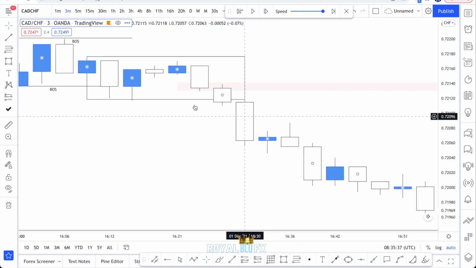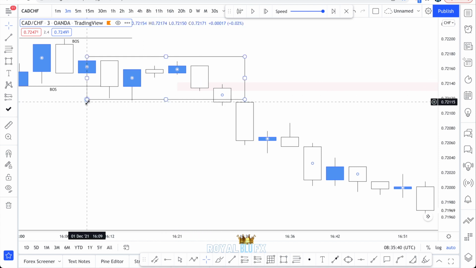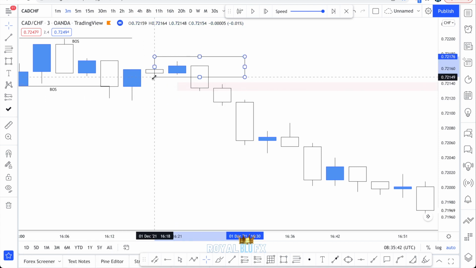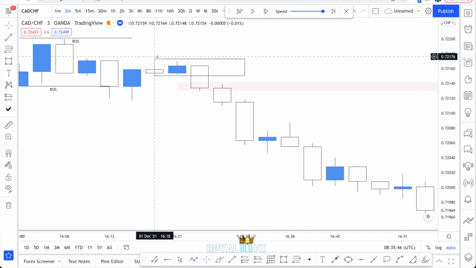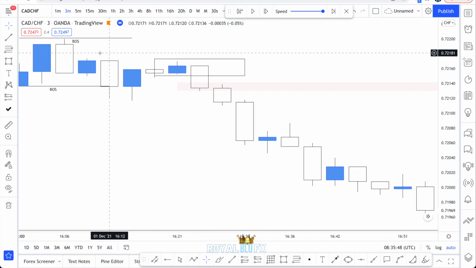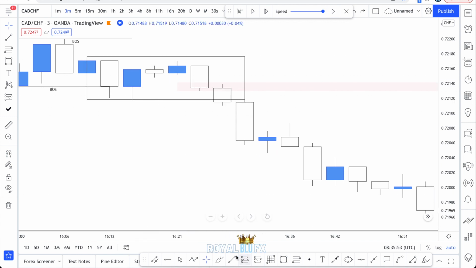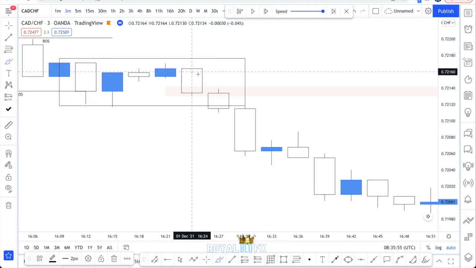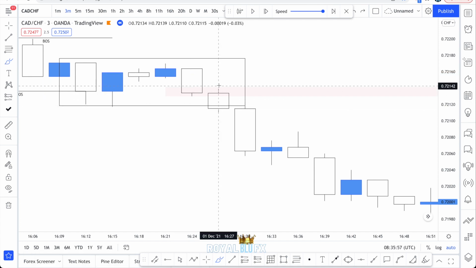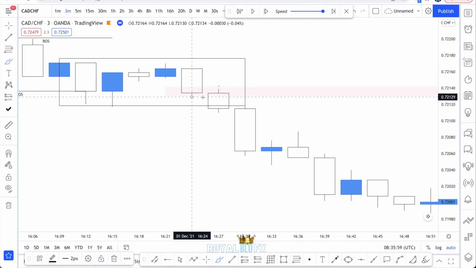Okay, when price broke structure, we're looking for the last up candle. Now, obviously, as you guys saw, I assumed this one would be the one, right? Which is fair to say that this could be the one because we're in this high and this low of the range, right? Like this. But there are times where prices do this, where there's a wick above and there is a wick below here.